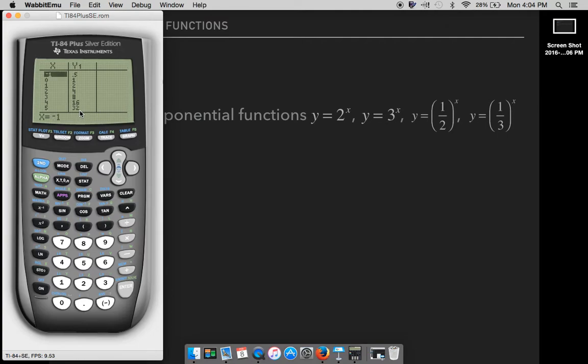Now check it out. Here if we go the other way, it's decreasing. This is pretty wild. Those are really, really small numbers, but I could zoom for a long time and it's never going to actually show 0.